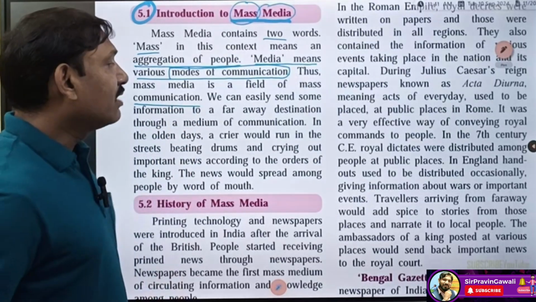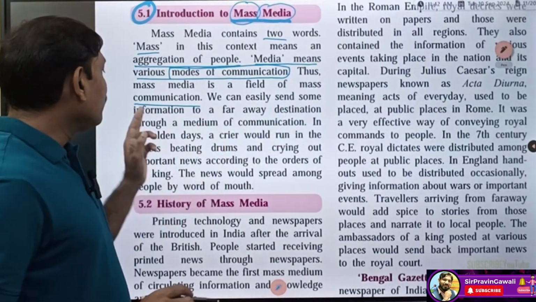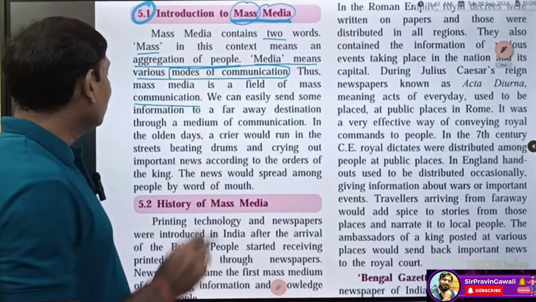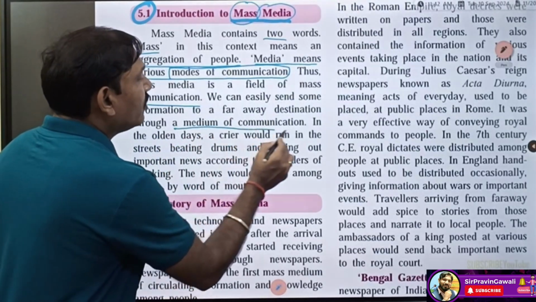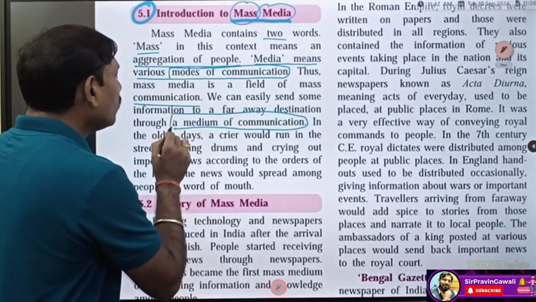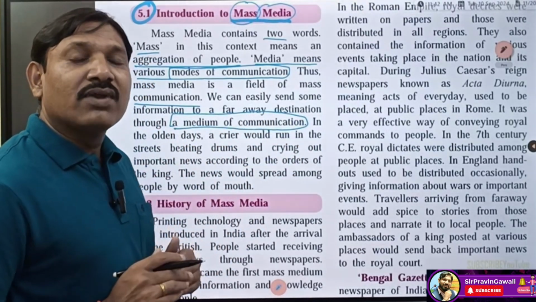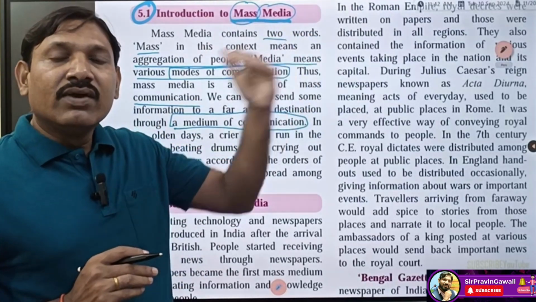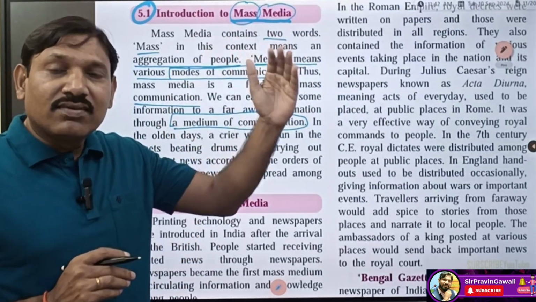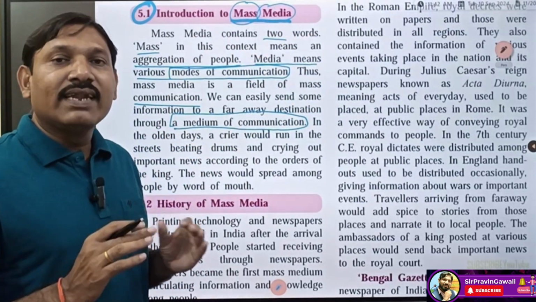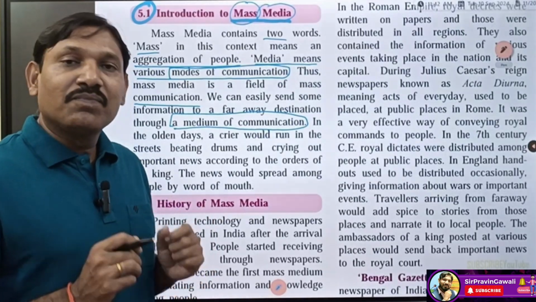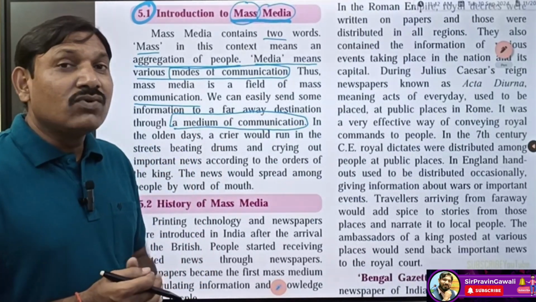Okay, just now I have explained this. We can easily send some information to a far away destination through a medium of communication. Okay, students, if we want to send a message to the person who is sitting far away, very quickly we can send it if modes of communication are there. In the earlier phase, what did we use to communicate?